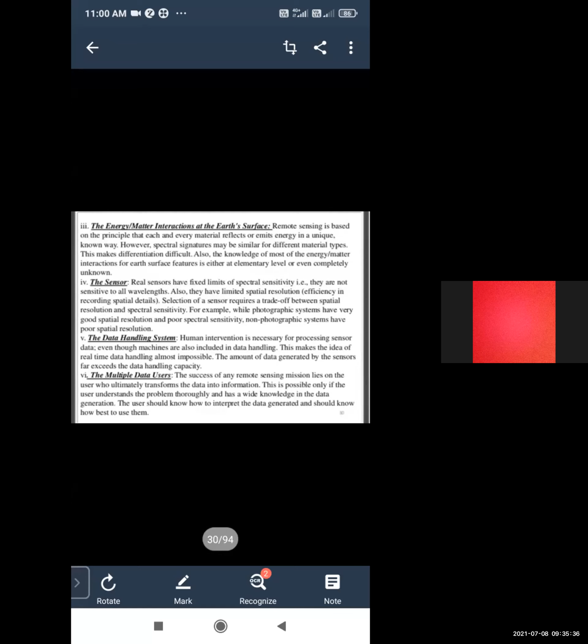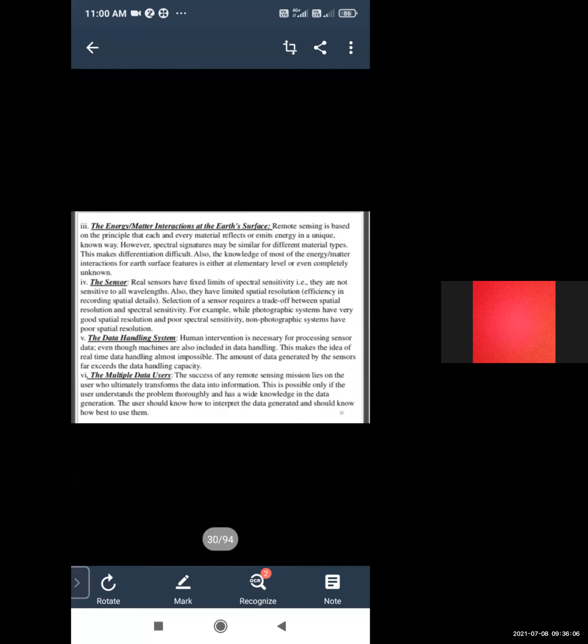Then the multiple data users. For a real remote sensing system, the success of any remote sensing mission lies on the users who ultimately transform the data into information, and this is possible only if the user understands the problem thoroughly and has wide knowledge of that data generation.